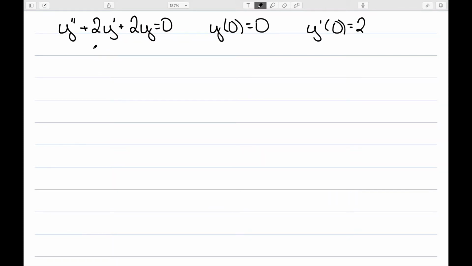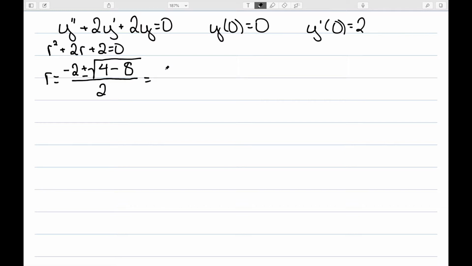Let's look at an example. We need to start by solving our auxiliary equation, or our characteristic equation, r squared plus 2r plus 2 equal to 0. Using the quadratic formula, we have negative b plus or minus the square root of b squared minus 4 times a times c. So that will be 4 times 1 times 2, which is 8, all over 2 times 1, which is 2.